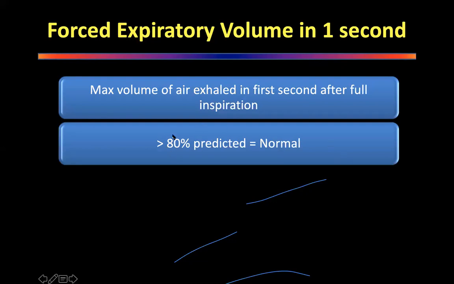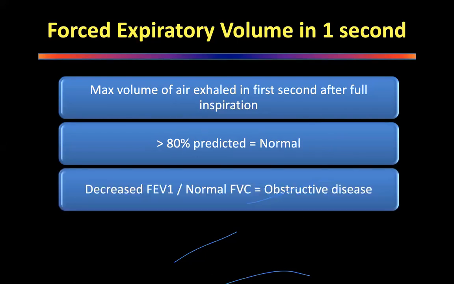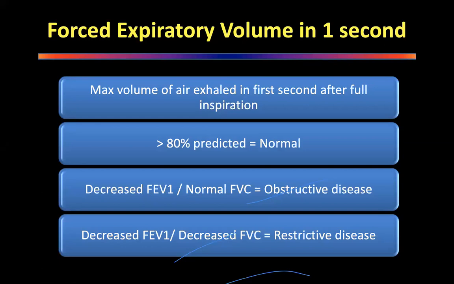Any value more than 80% predicted is normal. A decreased FEV1 but a normal FVC usually suggests an obstructive disease. A decreased FEV1 with a decreased FVC is a restrictive disease.